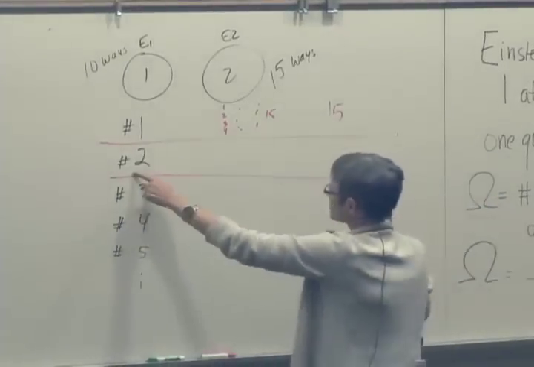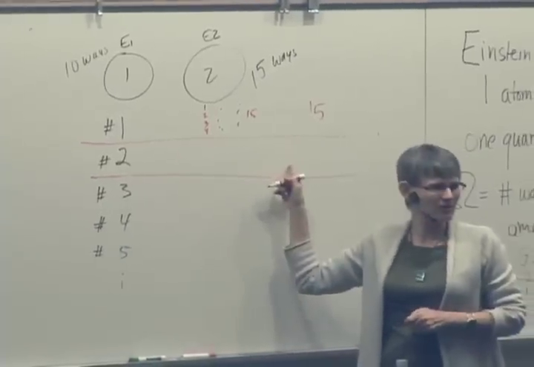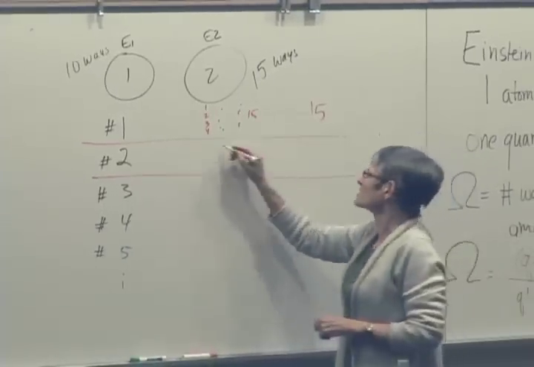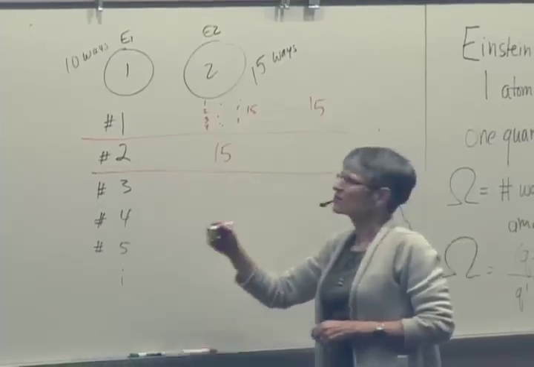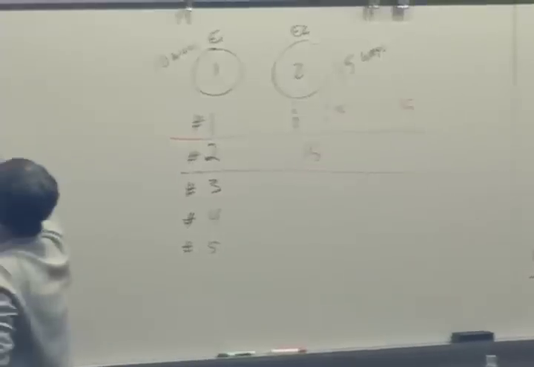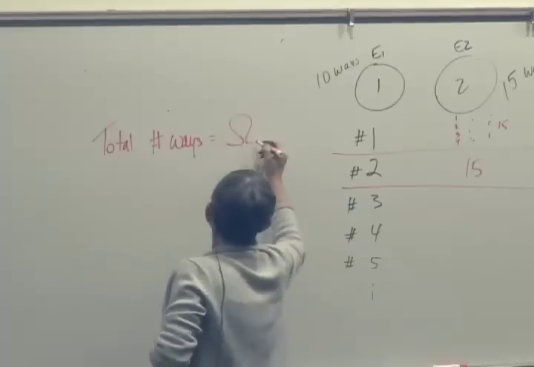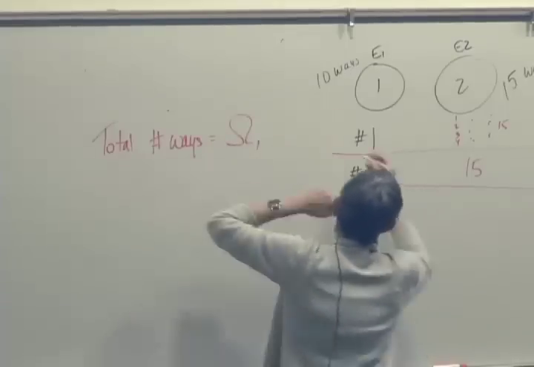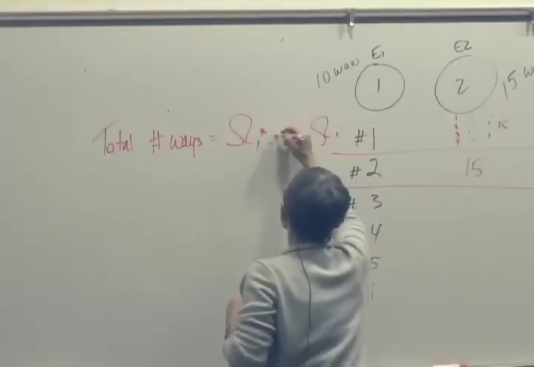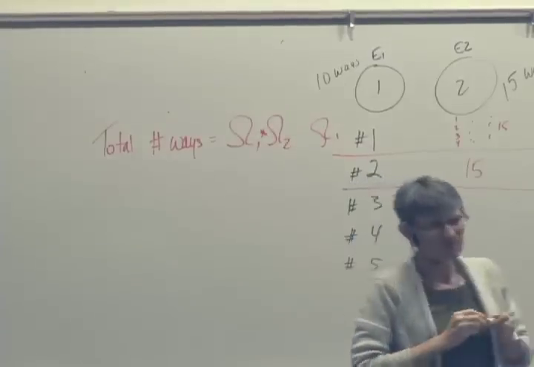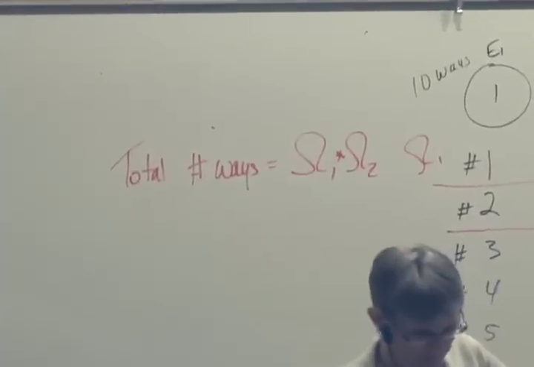So then we abandon this. We take way number 2 of arranging this energy. How many ways are there of arranging this energy? 15. So it looks like for every way we pick here, there's 15 ways here. So it looks like the total number of ways is omega 1, the number of ways of arranging that energy there, times omega 2. It's the product.